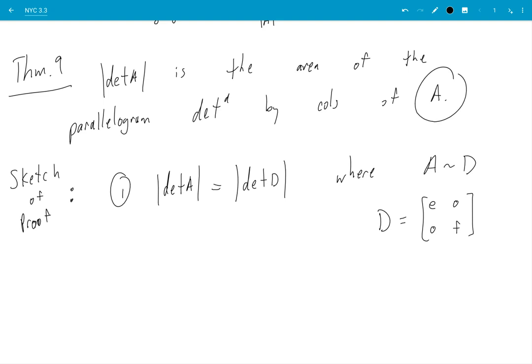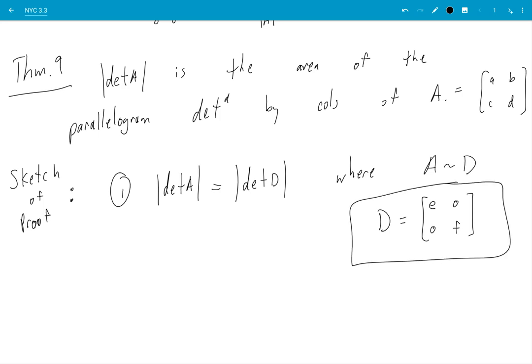So think about a 2 by 2 matrix A. So A is equal to A, B, C, D. It's possible to reduce that to this echelon form.